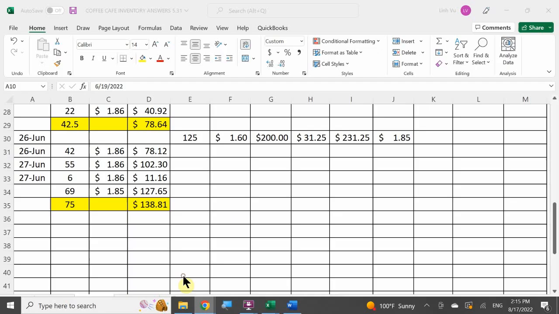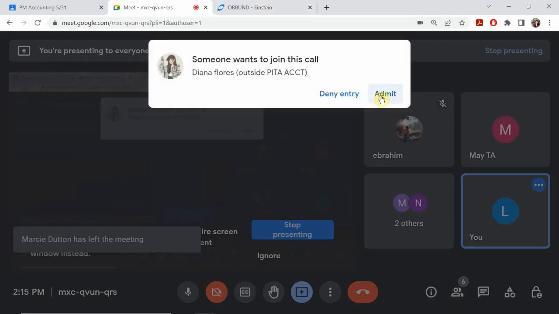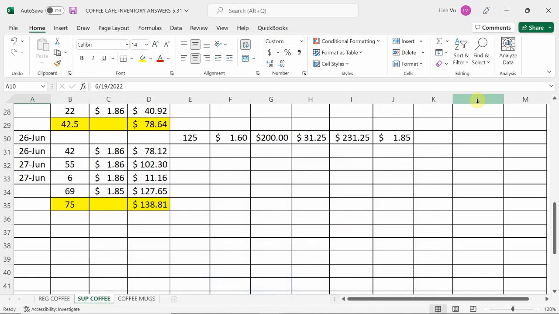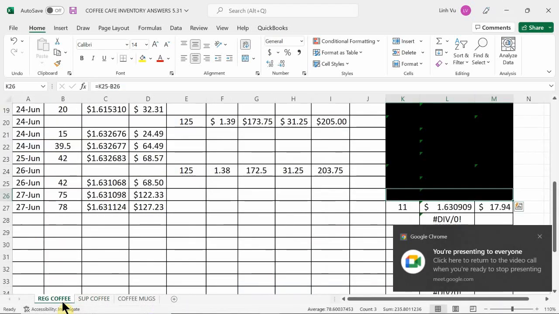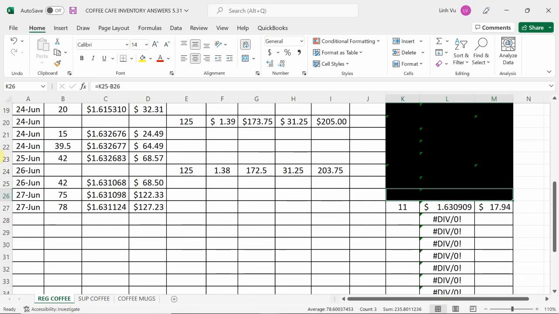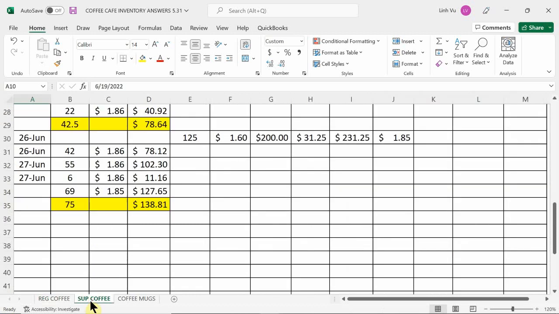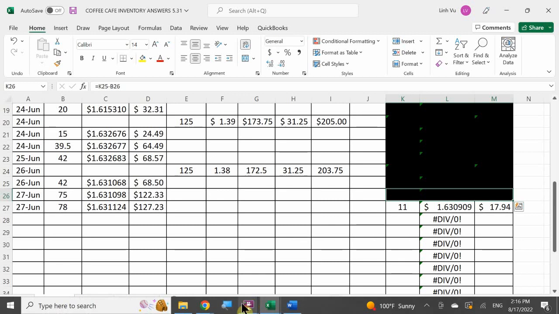And we sold 138.81. And we sold 127.23 for the regular.